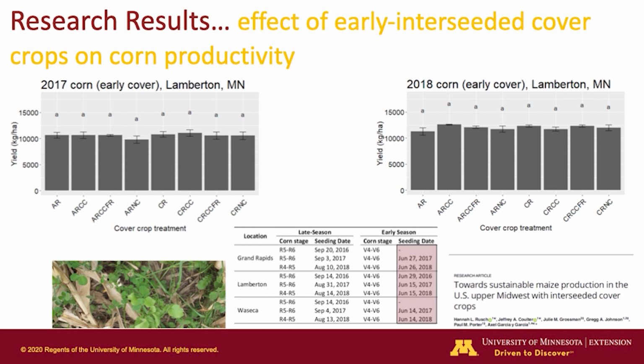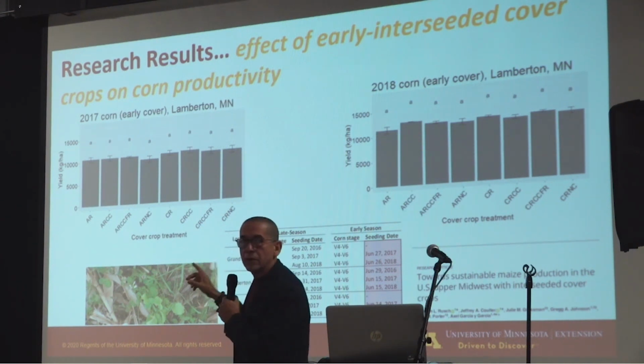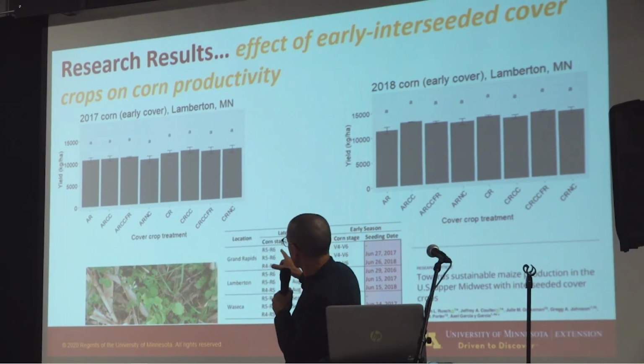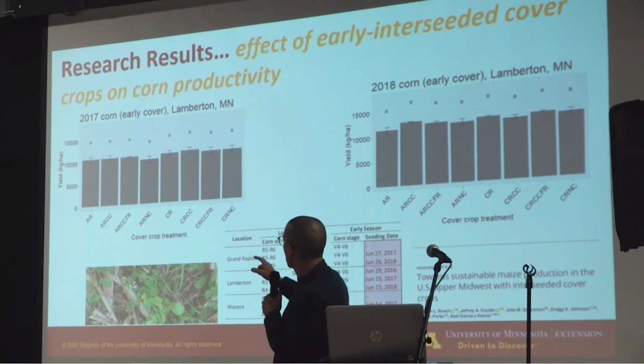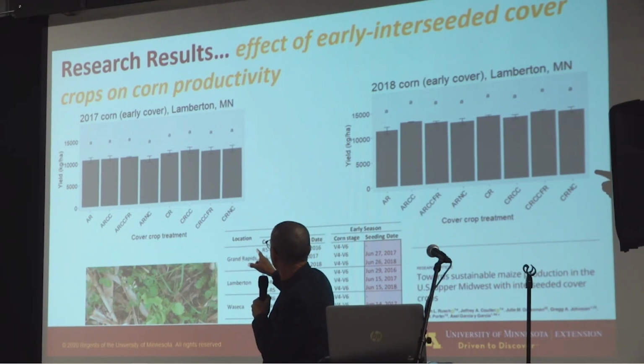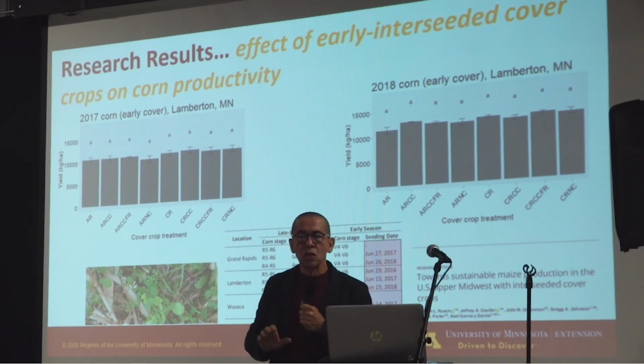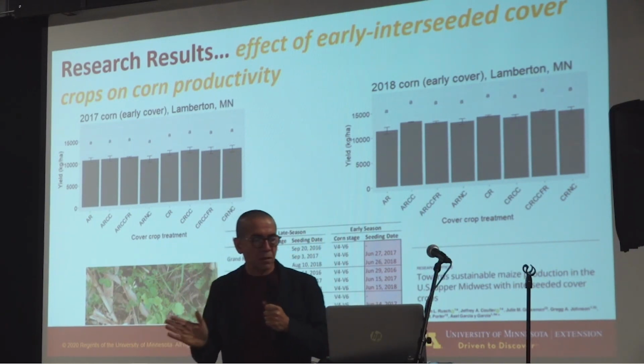And I forgot to say that our different cover crop strategies were based on annual ryegrass and cereal rye. Each one of those cover crops was mixed with crimson clover, which is the CC, and forage radish. And of course, each one of those had a no cover, which is the ARNC or the CRNC. No difference whatsoever, so that was okay as well.